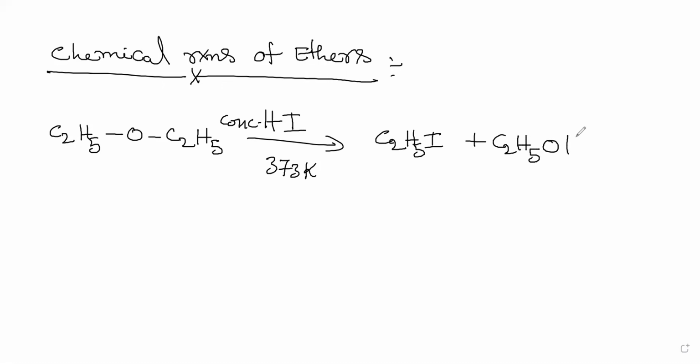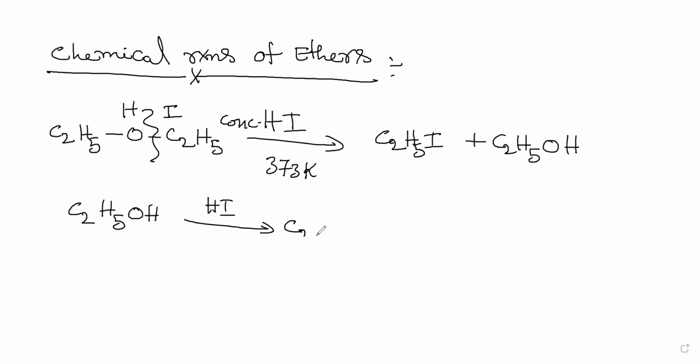You break the bond, put hydrogen on oxygen and iodine on the other group. Then C2H5OH, treated again with HI, gives C2H5I plus H2O.